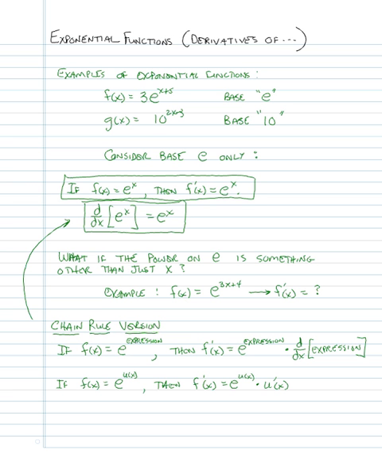We call that u prime in this case. And this is the way the chain rule shows itself when we're talking about exponential functions. This is the chain rule version of it. So once again, we need to really be able to use this. And on the next page, we'll begin to look at some examples.